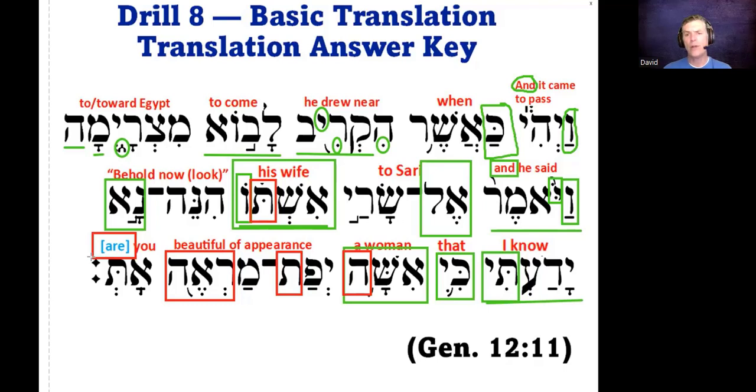That's our translation. And so this is a little precursor as we move into our next segment called Mining the Pashat. Pashat is the plain, simple meaning of a text from the Hebrew. As we start our final segment of the course, you're going to be getting a lot of what I've done here.